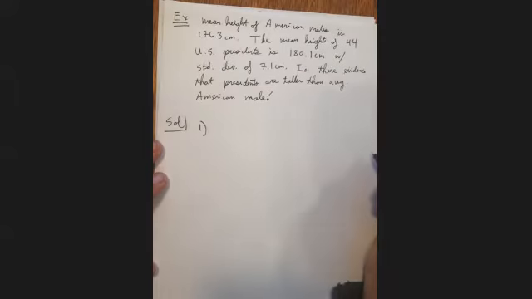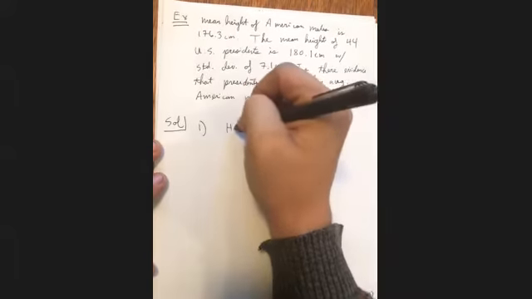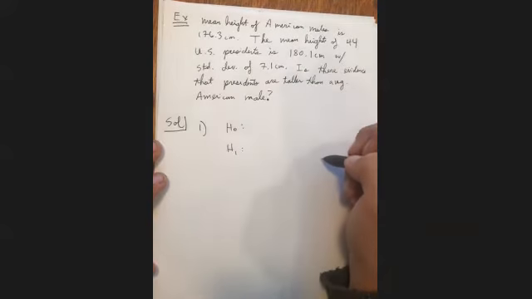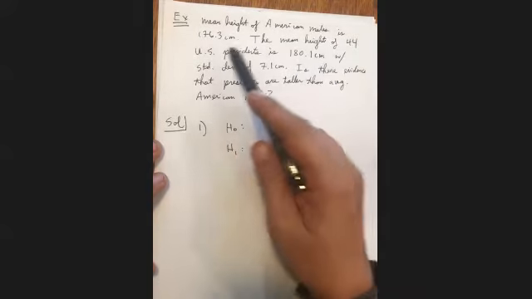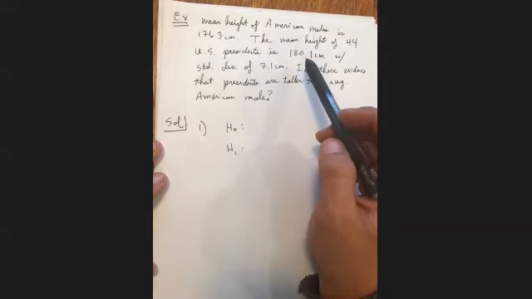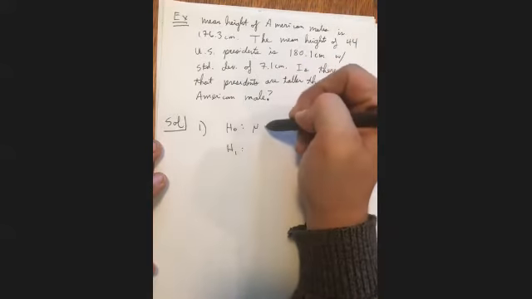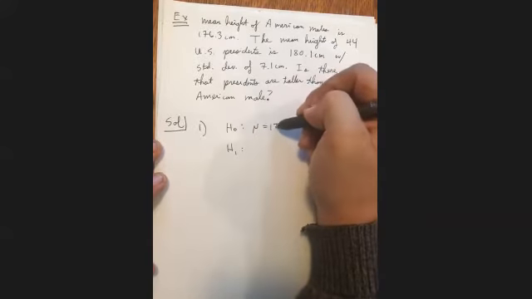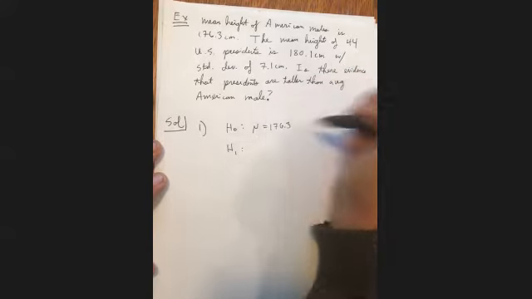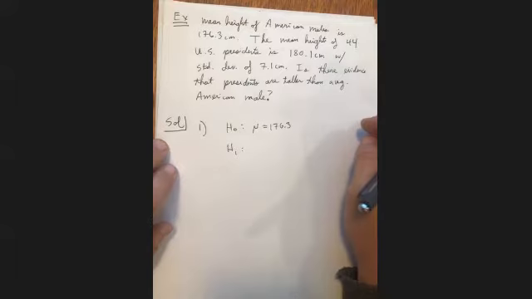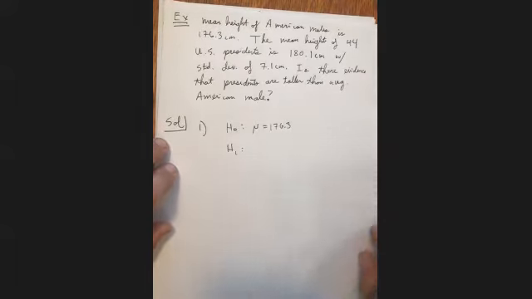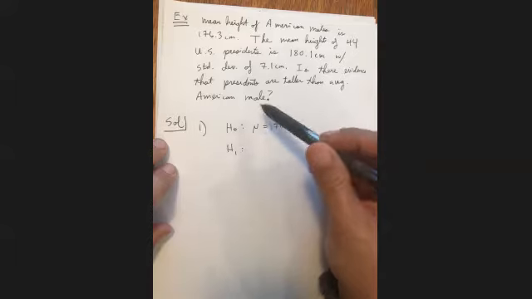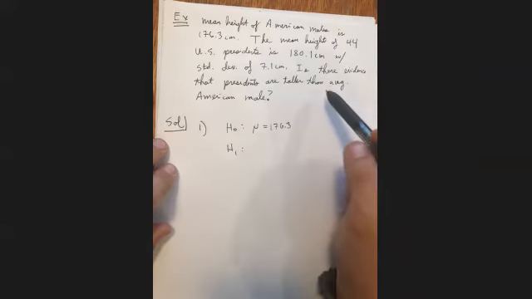First, identify hypotheses. Who is H0 and who is H1? H0 would be that our mean is equal to the population mean. Our alternate hypothesis would be that the presidents are taller than the average American male.